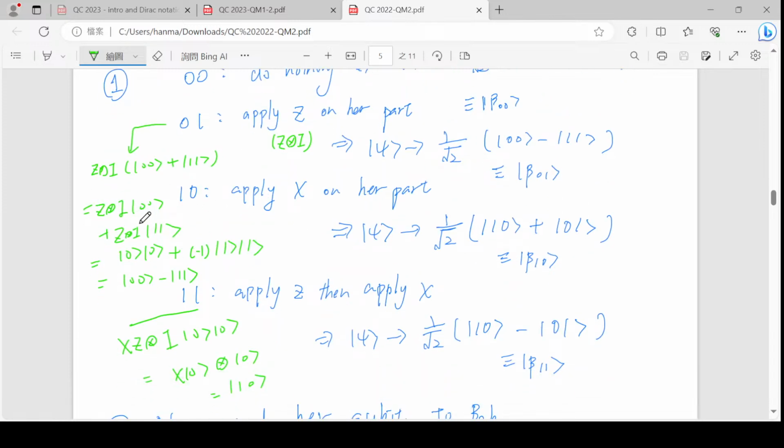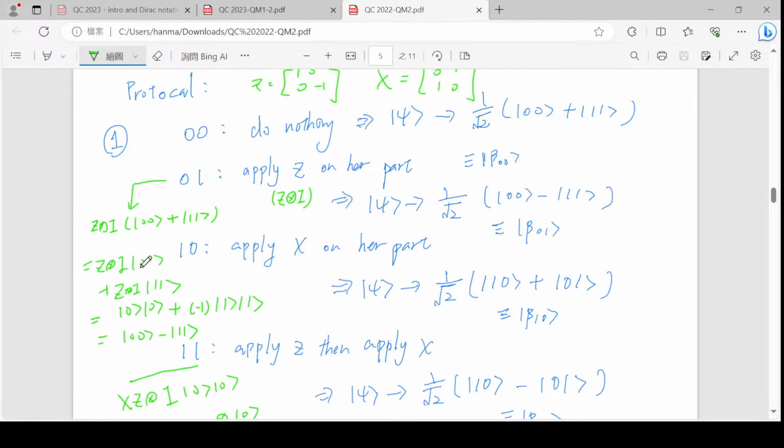Z tensor identity on 00 is the actual 0 tensor 0, so you can just do the slot by slot rule. This is just Z applied on 0 and identity applied on 0, and similarly, Z tensor identity on 11 is just Z applied on 1 and identity applied on 1.